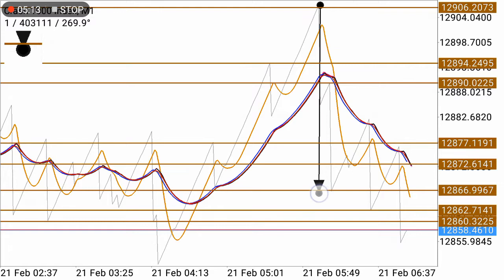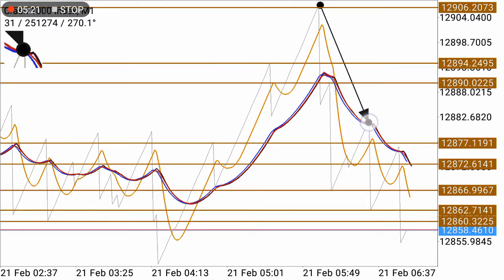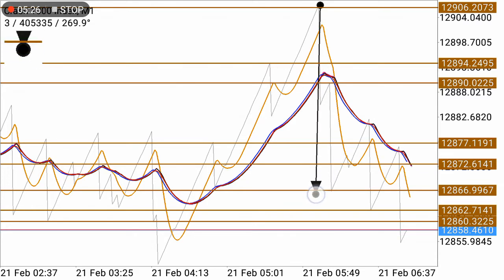So this is the role of support: support sometimes bounces the market back. And look here, the market came here because of this support area.